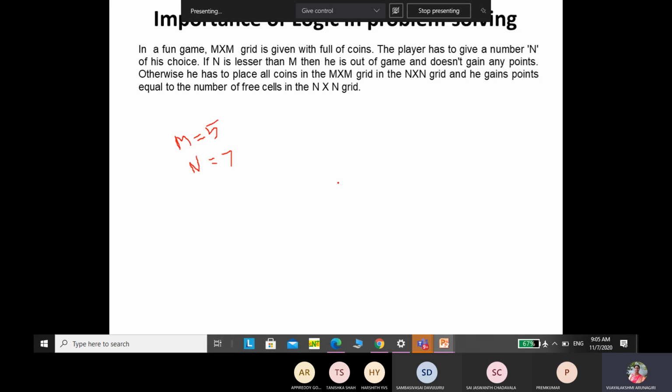Say for example, this is the m cross m grid, so it's already filled, and the size of this is 5 cross 5. Is it correct or not? This is the m cross m grid, full of coins I have filled.